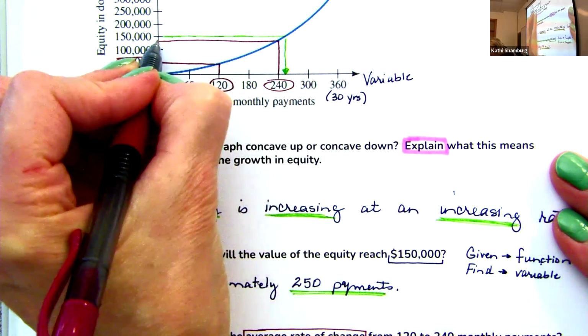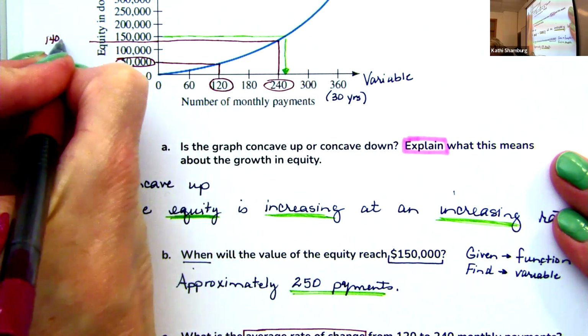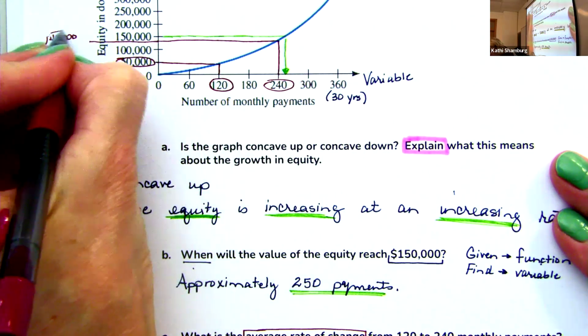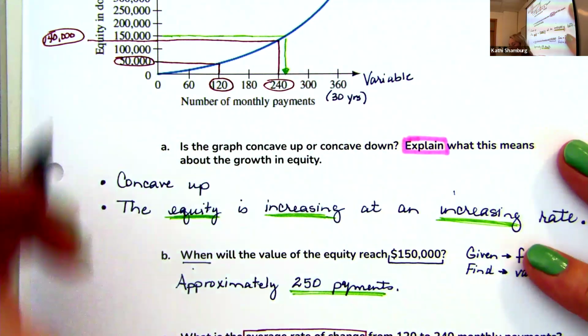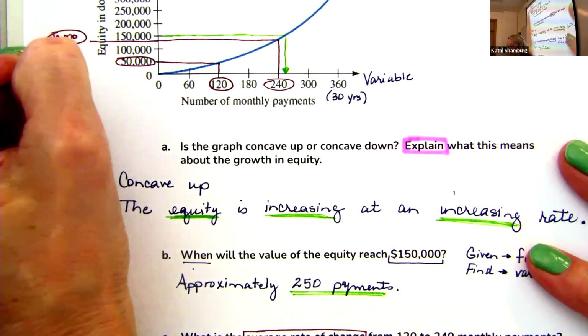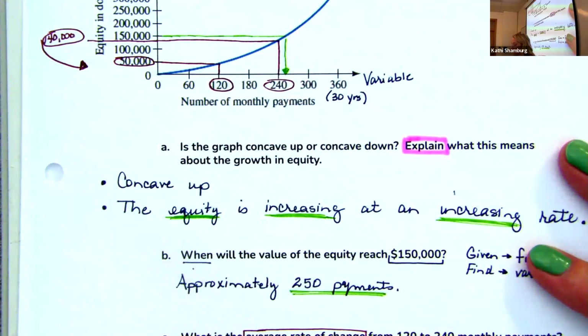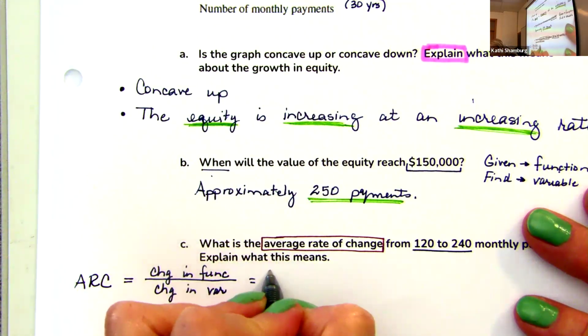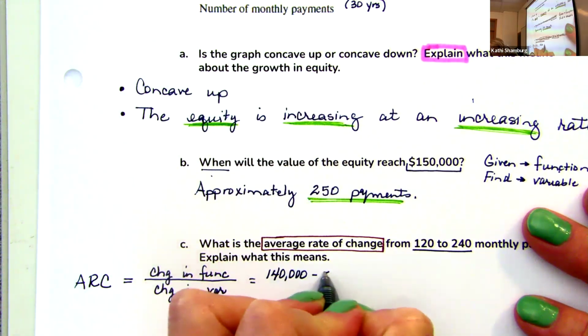It doesn't land exactly, it looks like close to maybe 140,000 is what we're going to use. All right, so it's the change in function. So on our graph, we go top down, so we would do 140,000 minus 50,000.